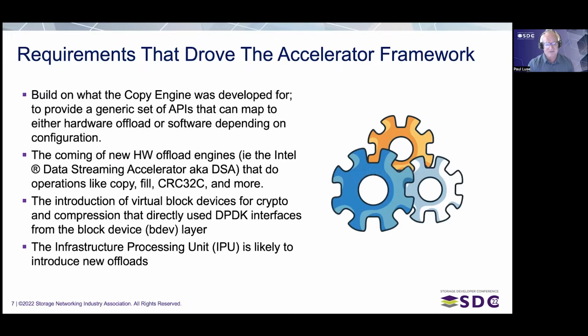But what happens if somebody wants to use a different offload engine that isn't supported by DPDK? Well, they'd have to go in and rewrite one of these block device modules, and that wouldn't be very fun, right? So the plan here is, and you'll see more about this coming up, we're going to strip all of that hard-coded DPDK API stuff that exists in those two modules and make those Accelerator framework modules and change these block device modules to call the Accelerator framework instead.